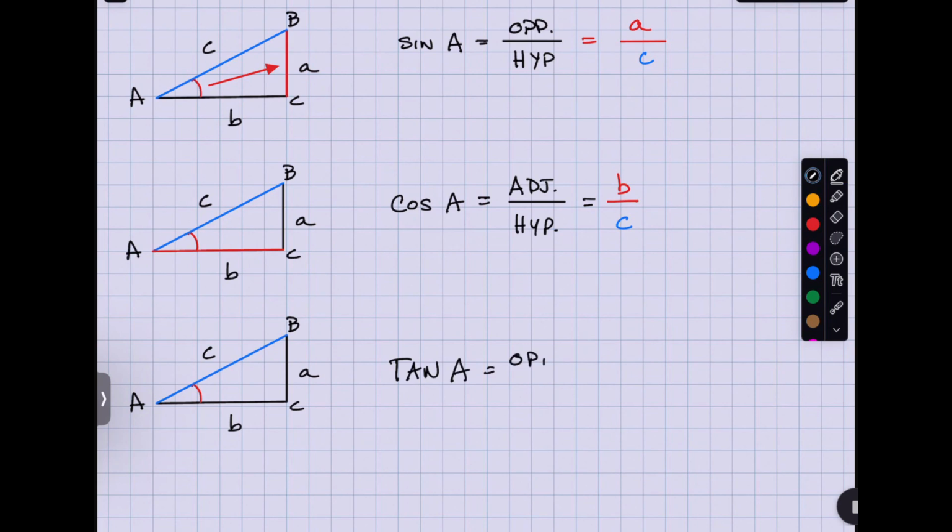That's going to be your opposite over your adjacent. Again, this is your opposite. Your adjacent is the side that's attached that is not your hypotenuse. So it would be A over B.